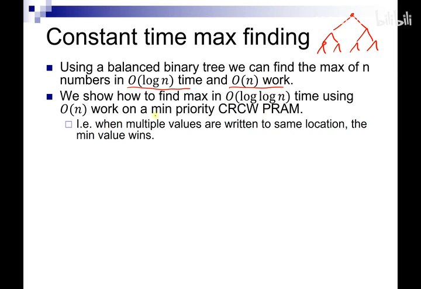Furthermore, we need the concurrent writes to have this min priority method of resolving conflicts, which means that when you have multiple values being written to the same location, the minimum value wins. So we're trying to find the max, but we need this min priority CRCW model.